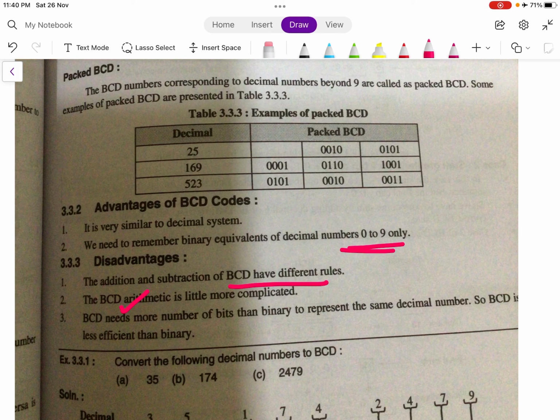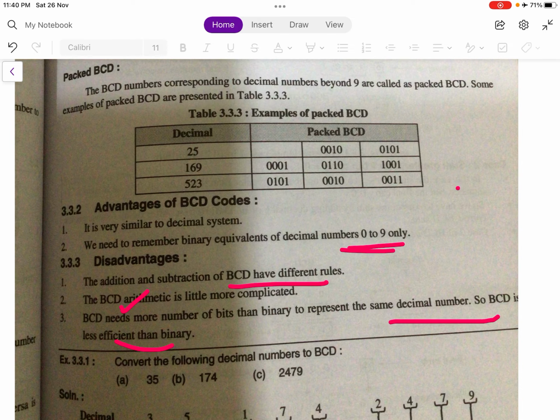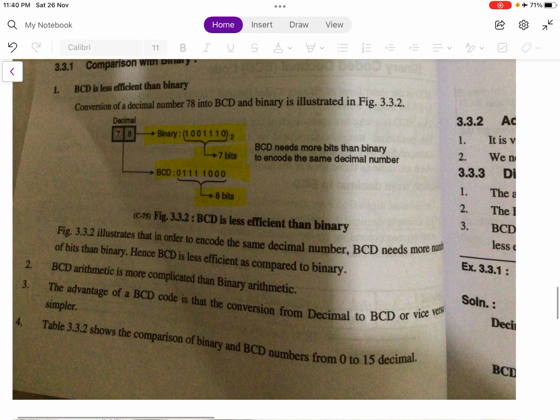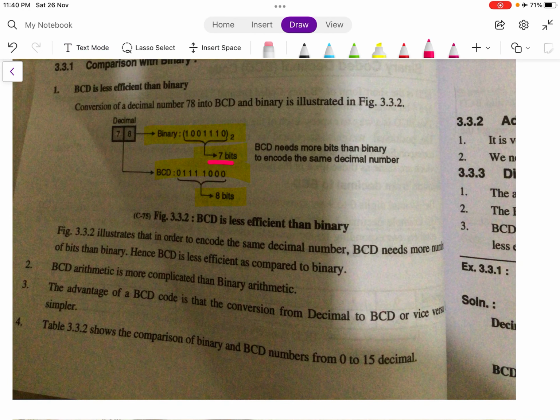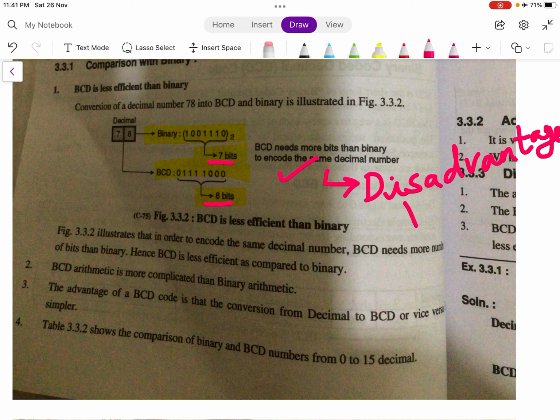BCD needs more number of bits than binary, so it is less efficient. So we saw that 78 in the binary system needed only 7 bits. In the BCD, it needed 8 bits. So the disadvantage of BCD is that it is less efficient than the binary.